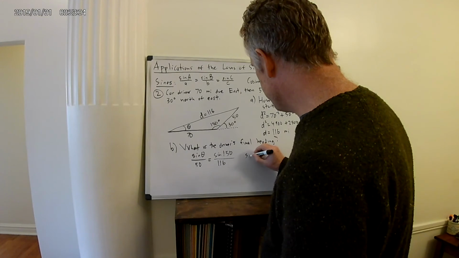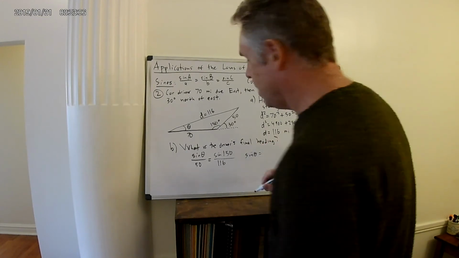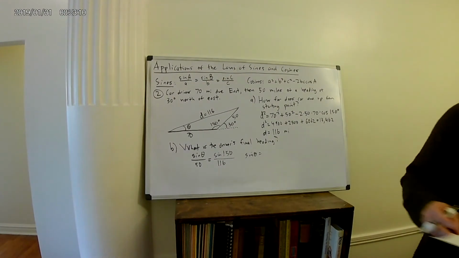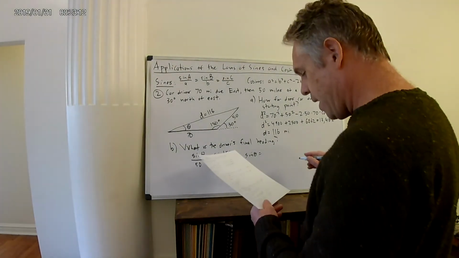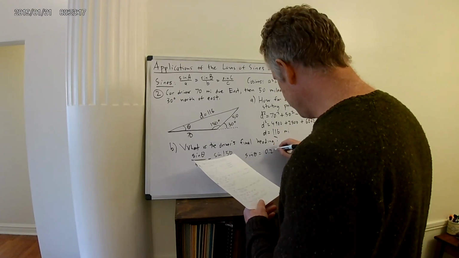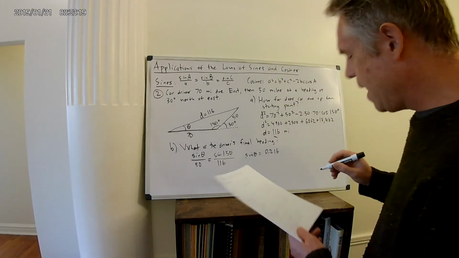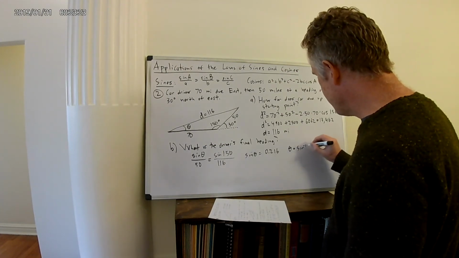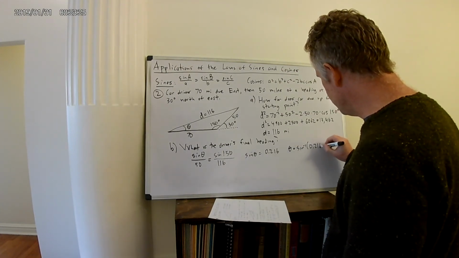We solve this for sine of theta. I'll let you guys check the arithmetic on this. If you solve this for sine of theta, it comes out to 0.216. That's sine of theta. And then finally, to get theta, we take the inverse sine of 0.216.